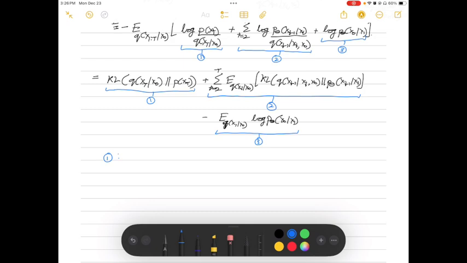So let's assume that we are trying to minimize this objective.